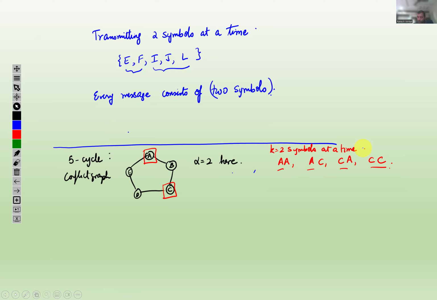And therefore, if you send AA, it can be corrupted in some way, but the receiver can decode it. Similarly, AC and AA will never be confused because the second coordinate is never confused. So I hope the setting is clear. If you have any questions, please ask.